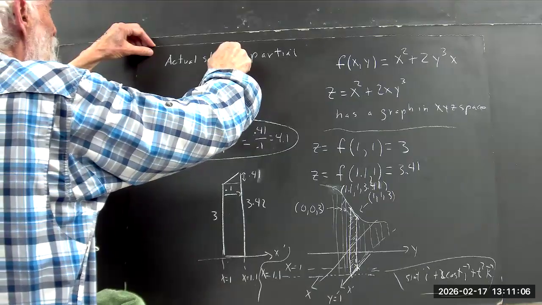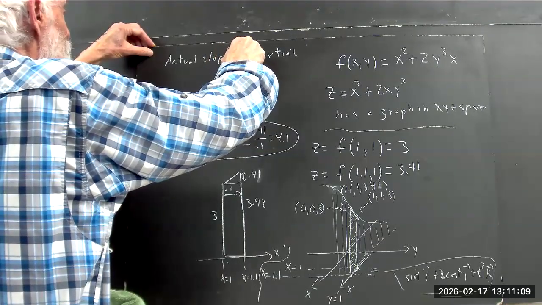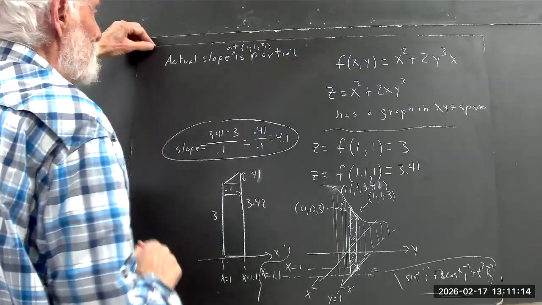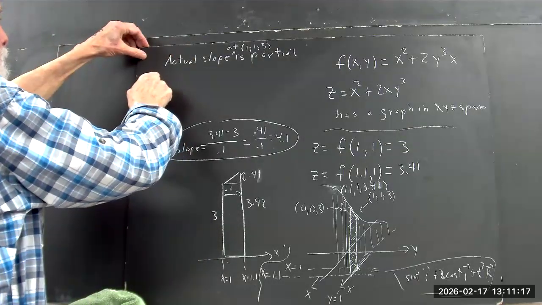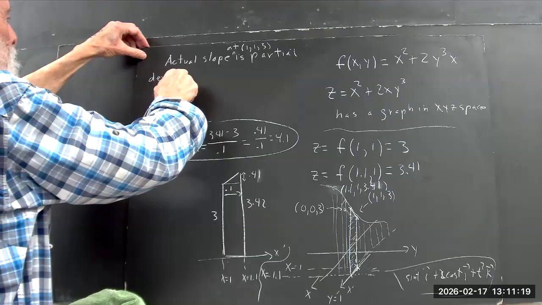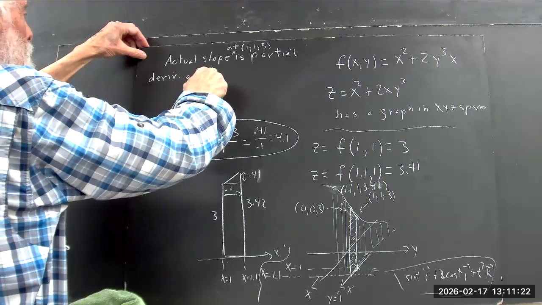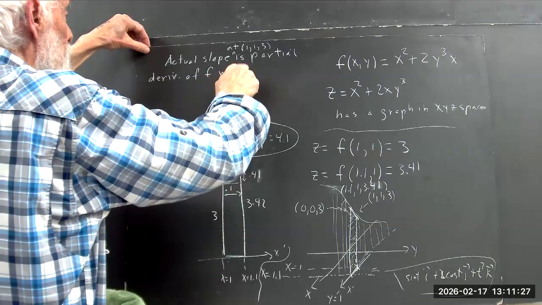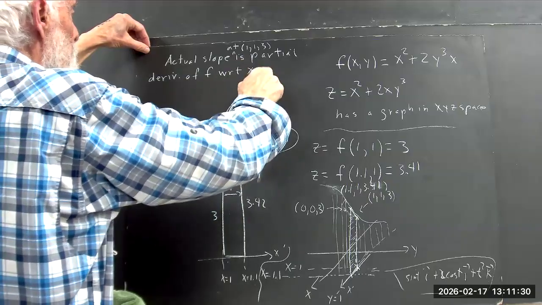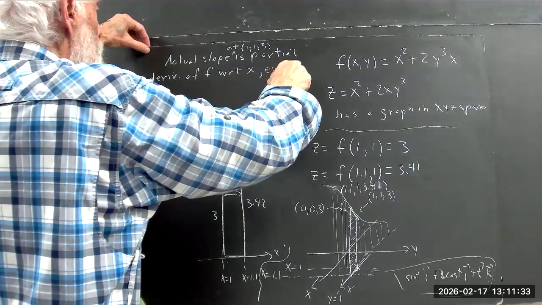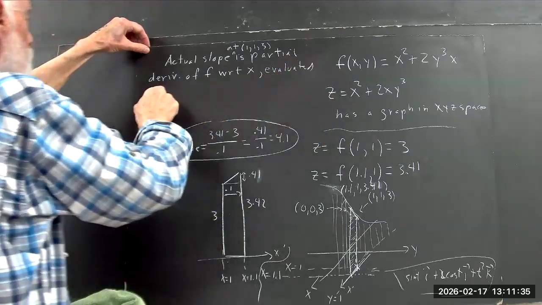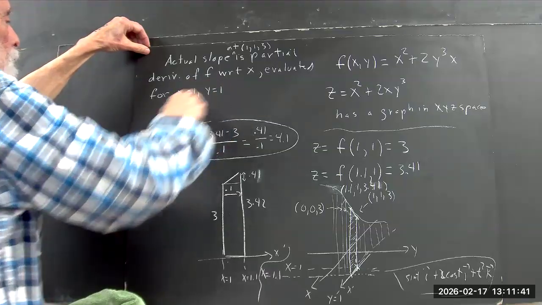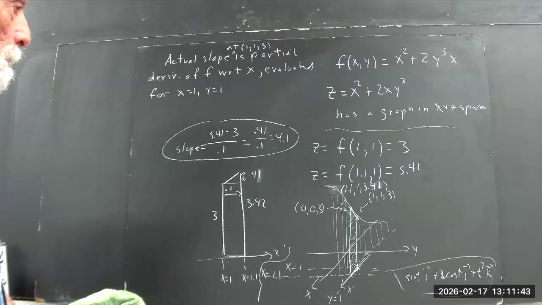The actual slope at 1, 1, 3 is a partial derivative of f with respect to x, evaluated for x equals 1, y equals 1.